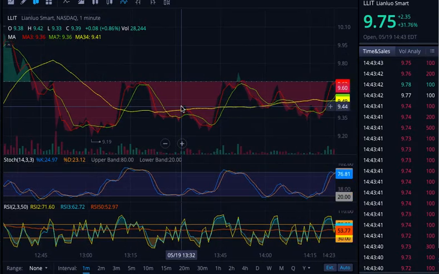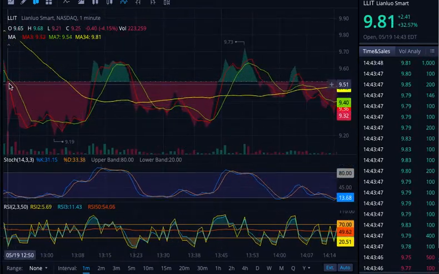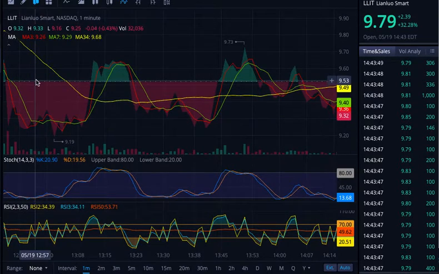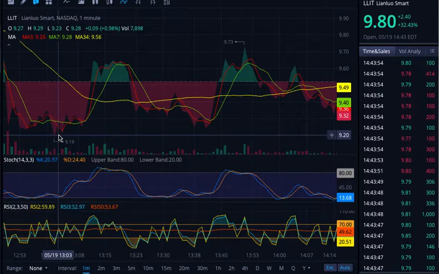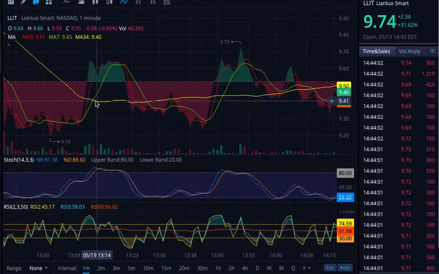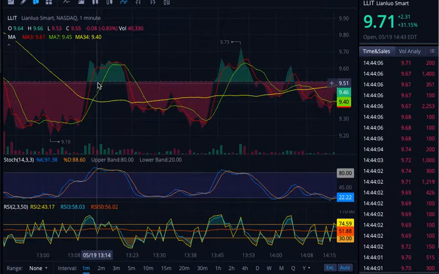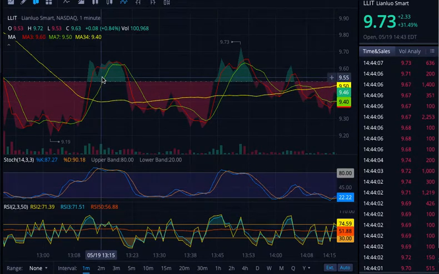But as I go wider to get the full picture, you'll see where it fell below 952, almost back down to 919, back to the starting point of 870, and then it came back up again, went over my MA34 line, and started to uptrend for a couple of minutes.